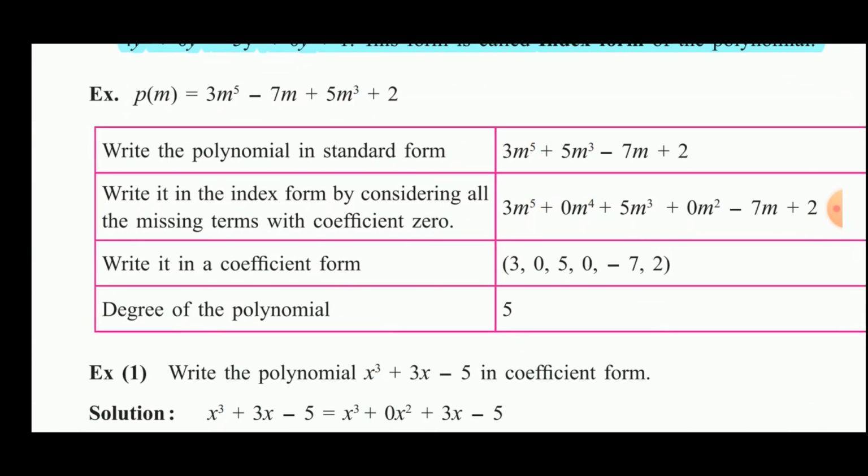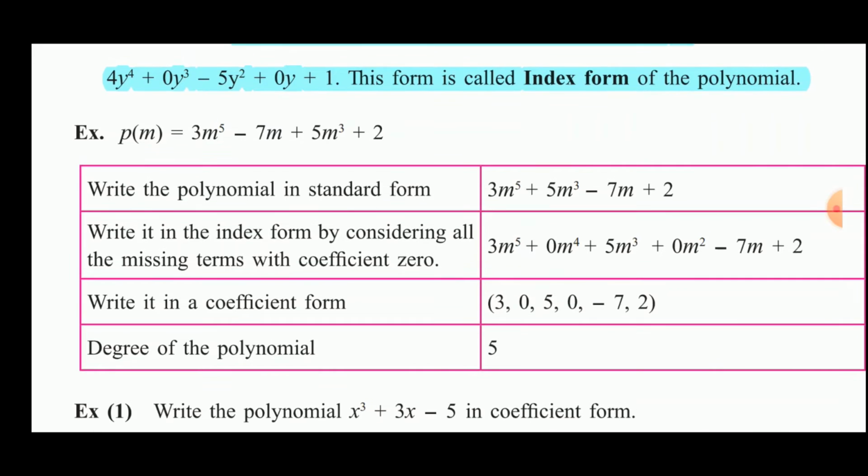Now consider the second example. Write the polynomial in the standard form. Now this polynomial here, write it in descending powers of m: 3m raised to power 5 plus 5m cube minus 7m plus 2.